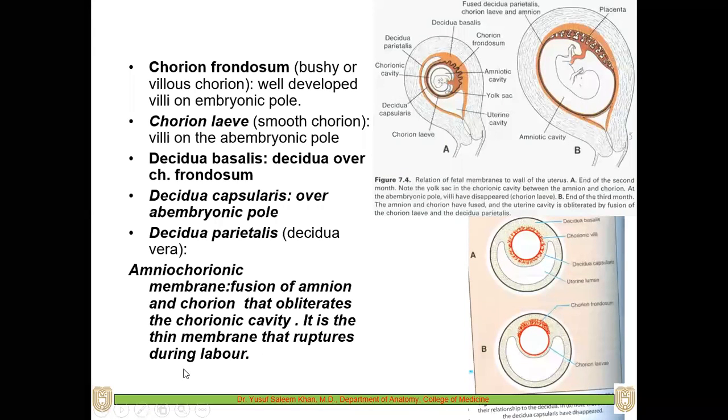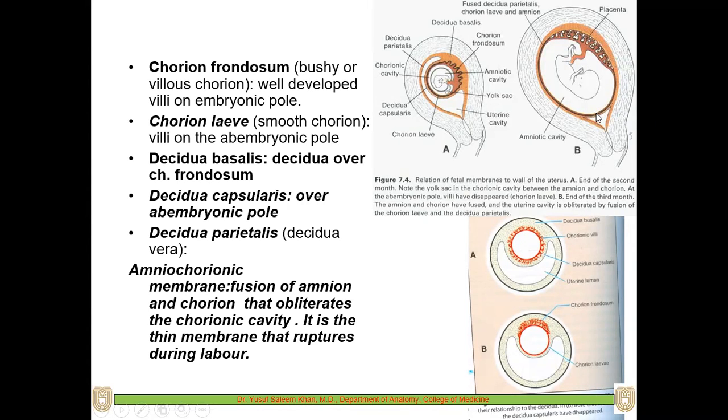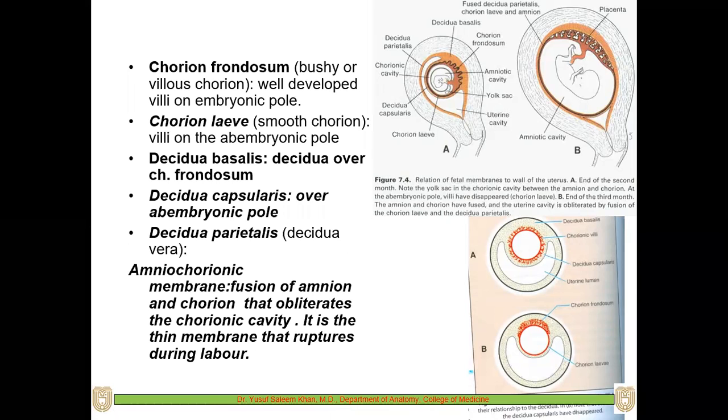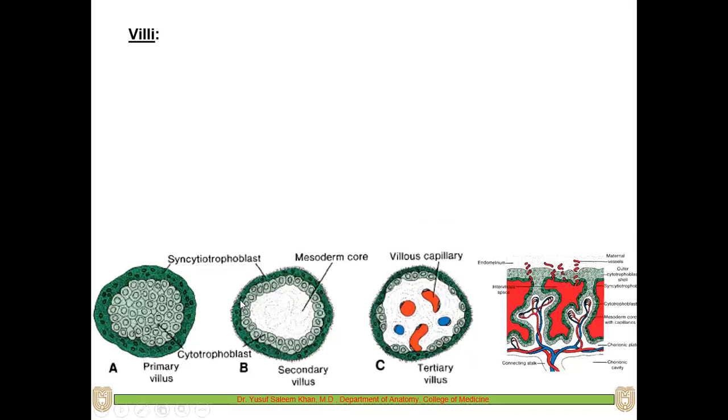It is a thin membrane that ruptures during pregnancy or during delivery, especially during labor. This is the membrane here, the bag of membranes. It will rupture before the delivery. We usually call it just the membranes, but it is nothing but the amniochorionic membrane.